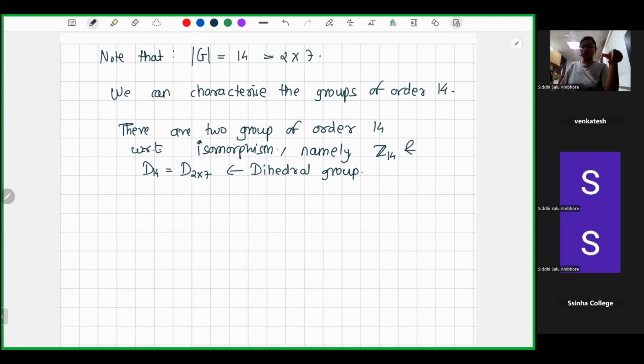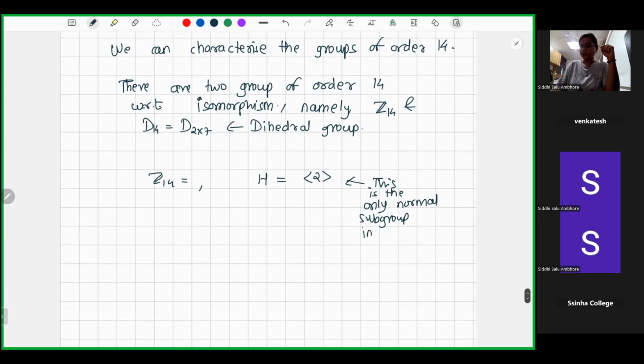And in both cases, once I have Z14, the only normal subgroup of order 7 is my H, which is generated by 2. This is the only normal subgroup in Z14.